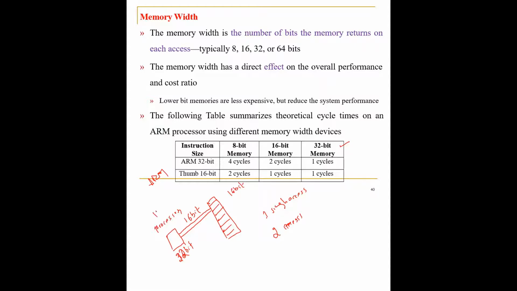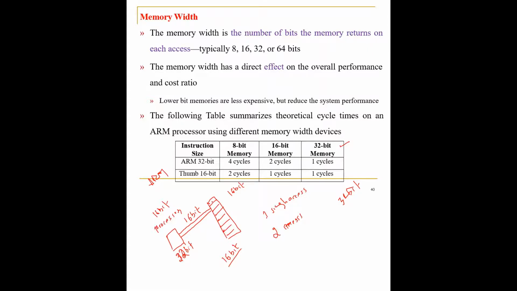Suppose your instruction is a 32-bit instruction, if you are writing a 32-bit instruction, normally ARM will reduce that instruction into a 16-bit instruction and your instructions will get executed in one single machine cycle, which means that your ARM processor can reduce a 32-bit instruction to a 16-bit instruction and speed up the data processing of the code that is stored in the memory. That is regarding the memory width.